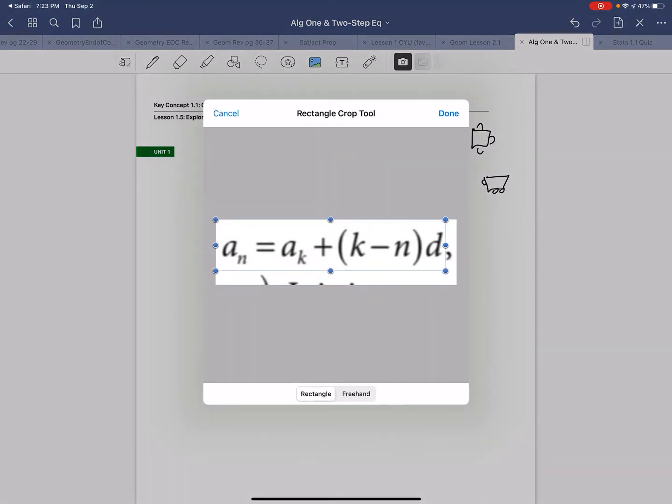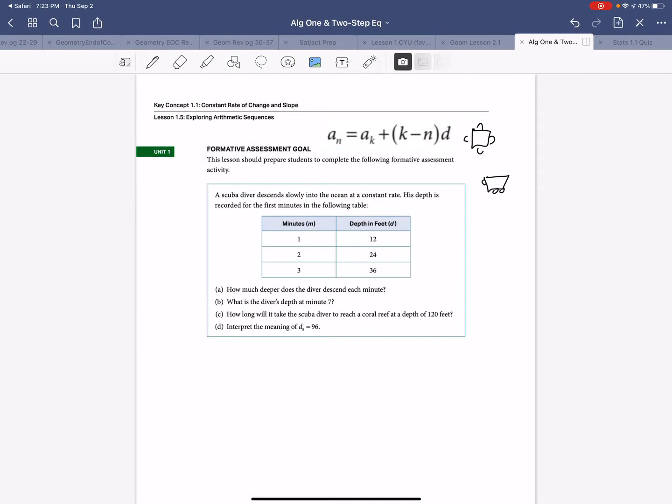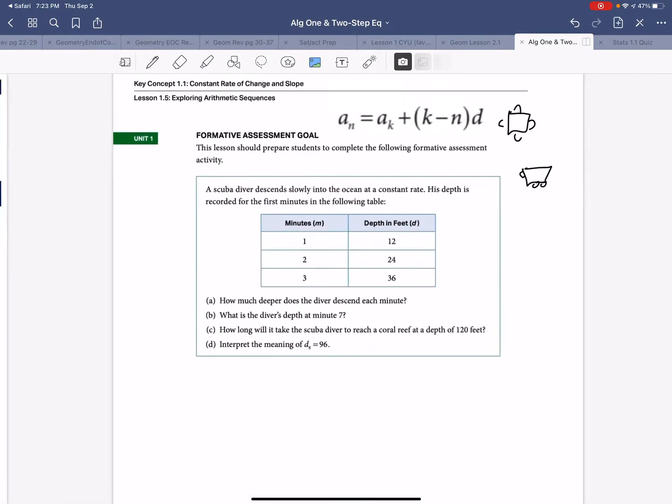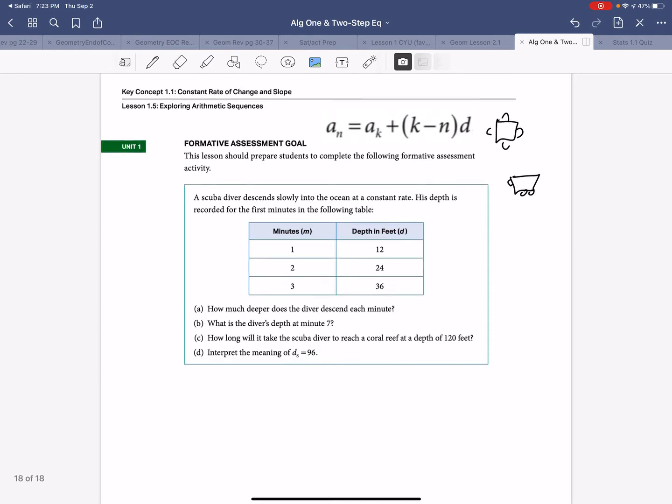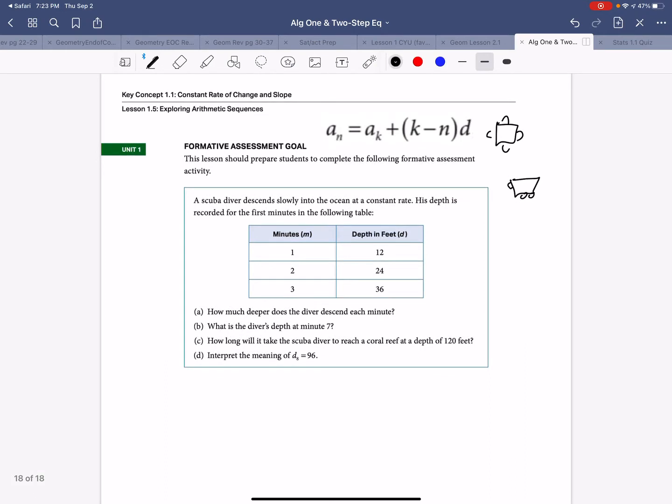So let's continue our thinking with this idea. It says a scuba diver descends slowly into the ocean at a constant rate. So we have 1, 2, 3. These are definitely going up by 1. And this is 12, and it looks like the depth is going down by 12.